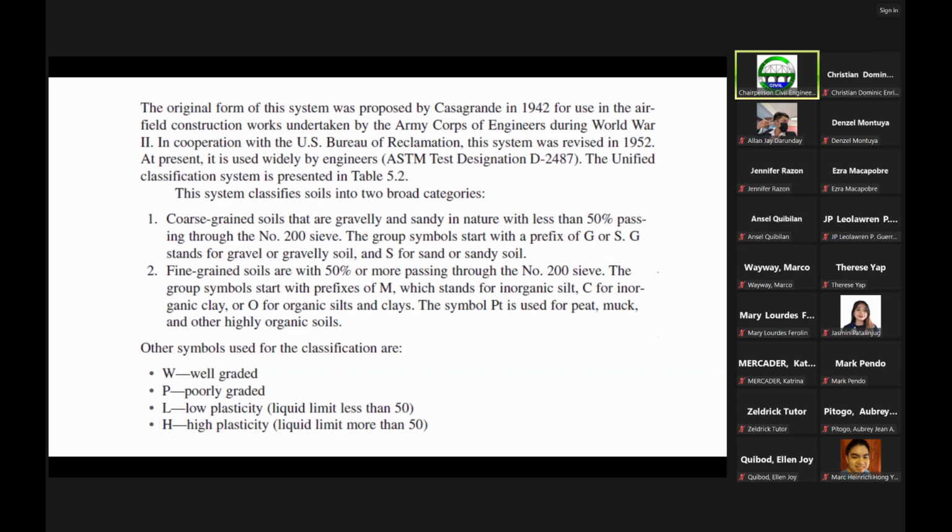We also have the symbol PT, which is used for peat or muck or other highly organic soils. If we have this on site, we normally try to remove these organic soils. We don't like these organic soils as far as engineering purposes are concerned, but for agricultural purposes, they can be used.